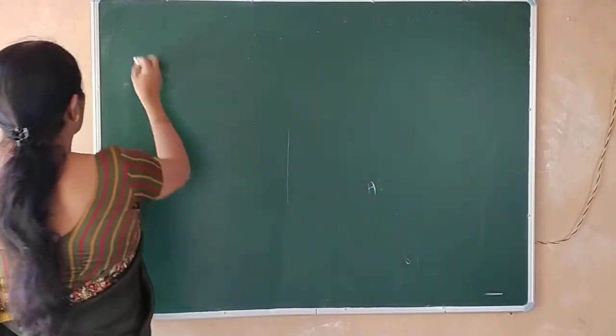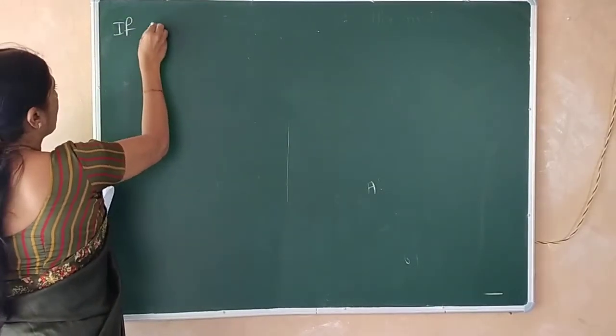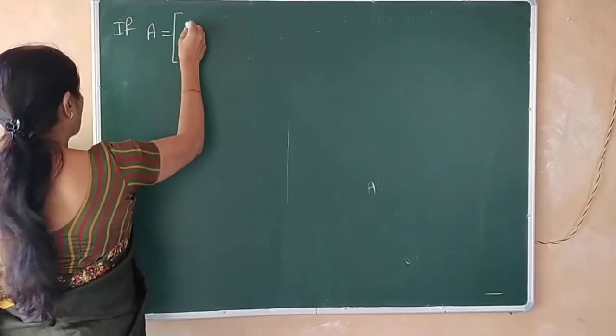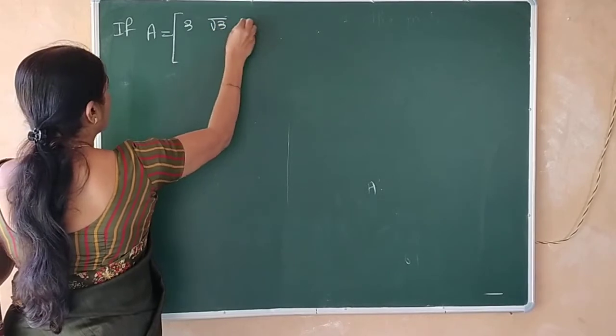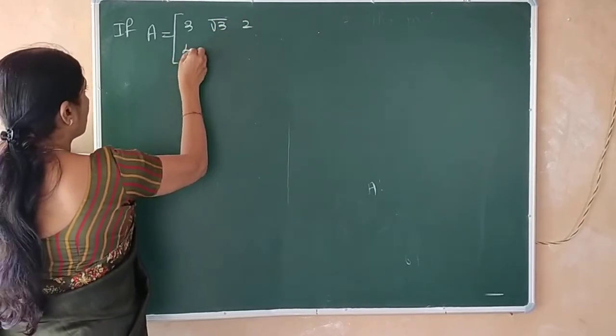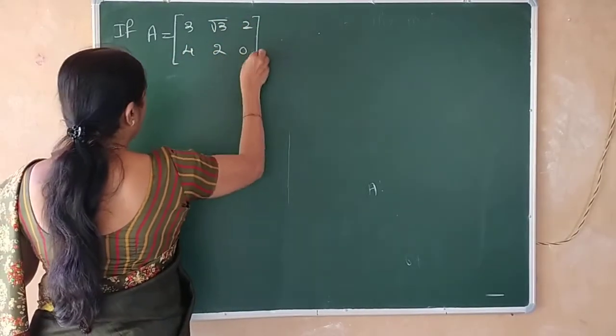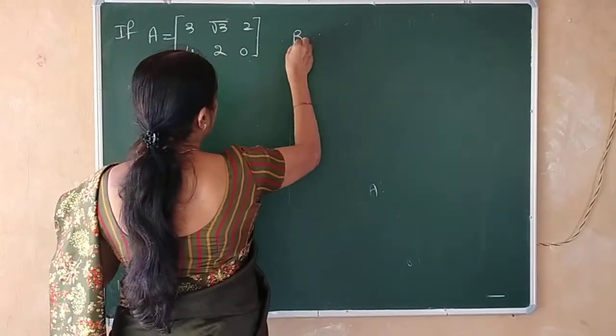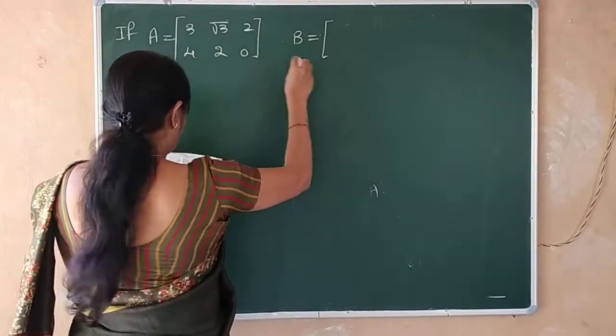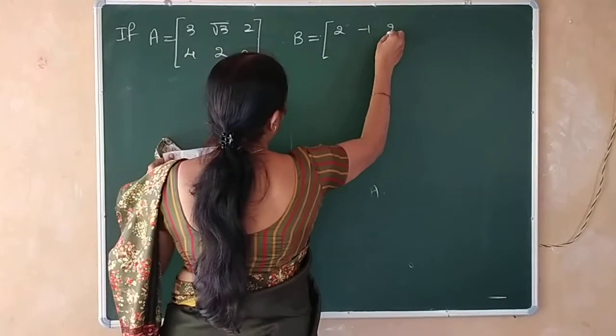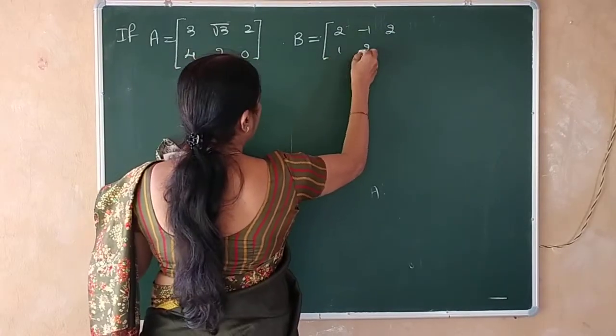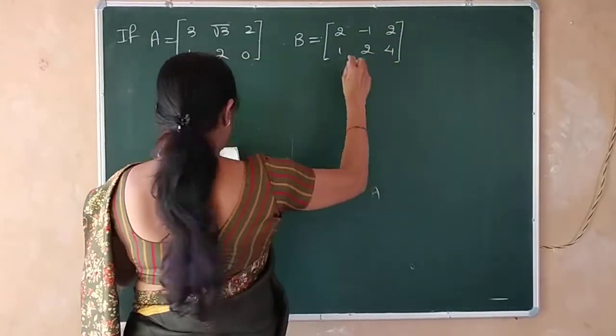See the examples. If A is equal to [3, root 3, 2; 4, 2, 0] and B is [2, -1, 2; 1, 2, 4].